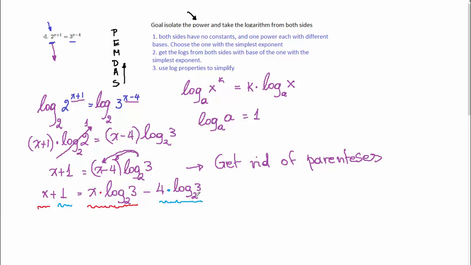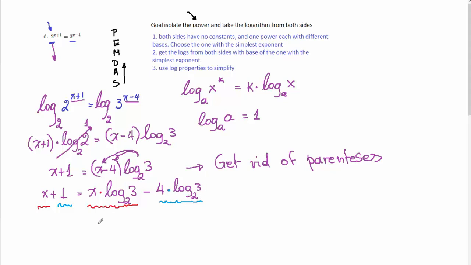Well, remember, log with base 2 of 3 is nothing else than a simple number. And actually it's a number that is somewhere in between 1 and 2, probably around 1.52. So if you multiply 4 times 1.52, you will get something like 6.4, 6.3. So that's a number, that's a constant.